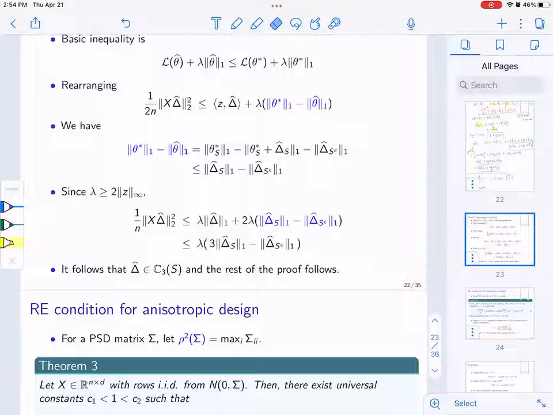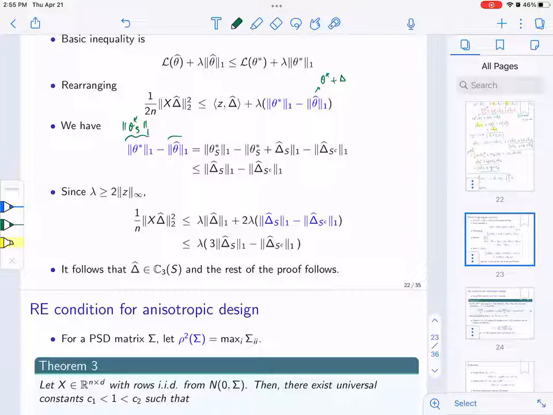So this would be equal to theta star L1, and this one would be. Can you see that this is equal to the sum of the two? Theta is basically theta star plus delta. So I break it into two pieces, theta star S plus delta S, that comes out like this.